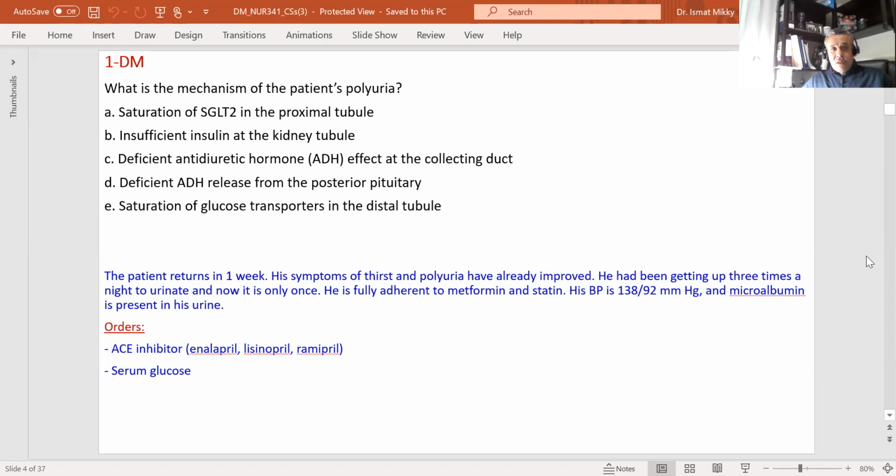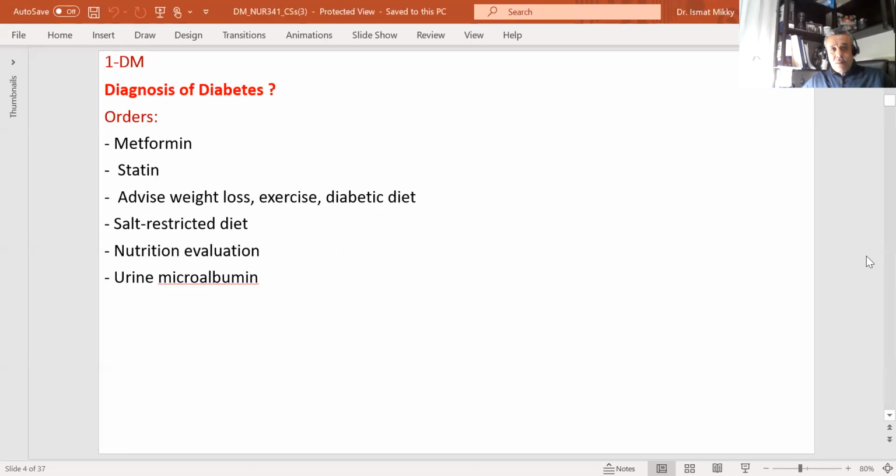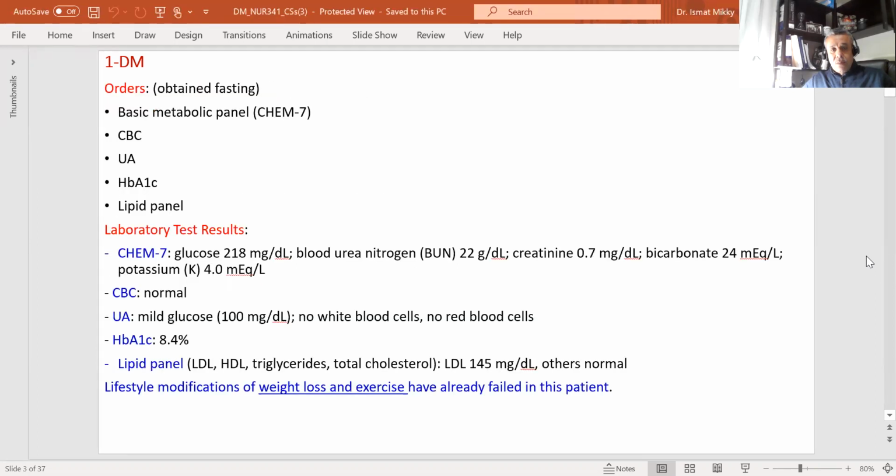So the patient's lab results came back, and we said hemoglobin A1C 8.4, which is extremely high.